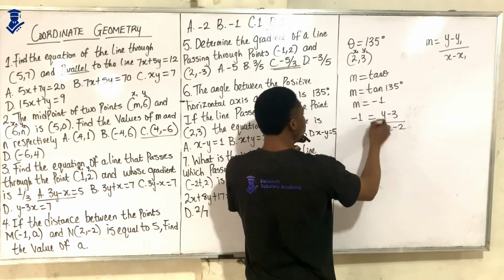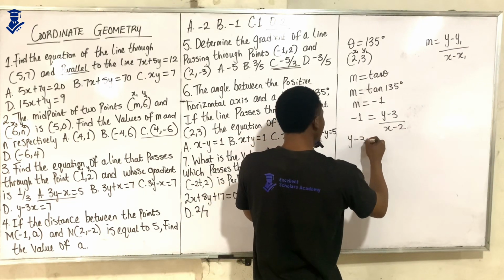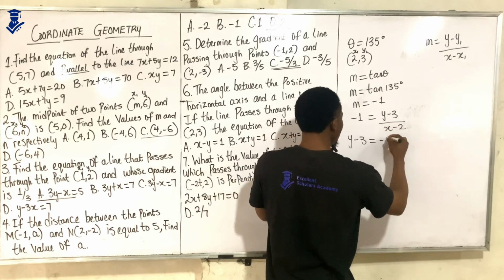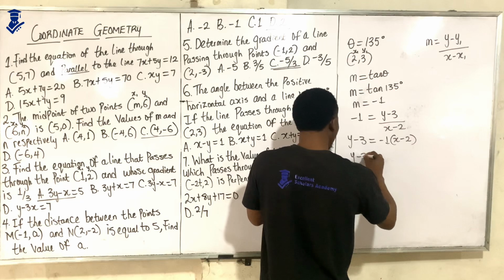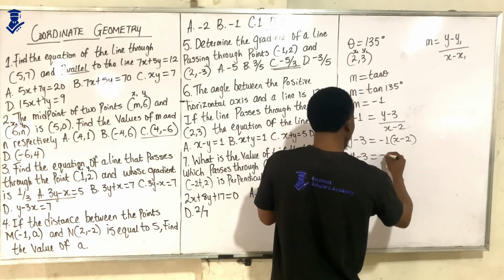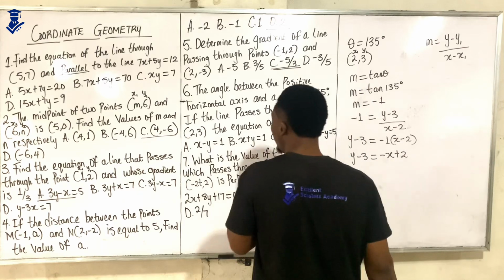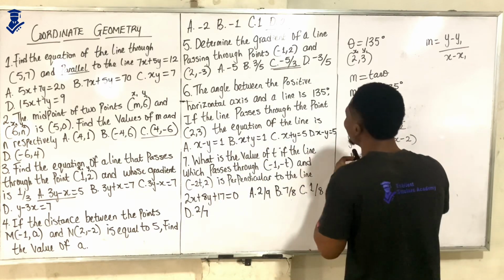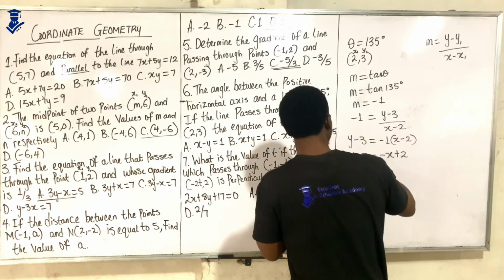Alright, so we cross multiply. When we cross multiply, we have y minus 3 is equal to minus 1 times x minus 2. So it becomes y minus 3 is equal to minus x, plus 2. Now we're trying to fashion our answer into something that looks like the option. So let's take minus x here and take minus 3 here.